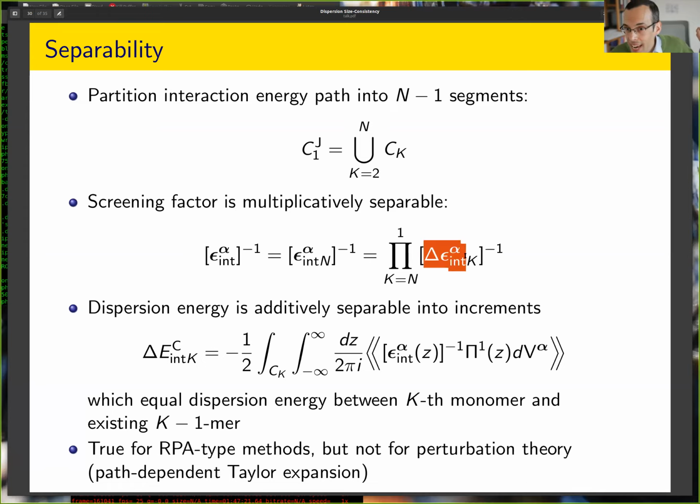And so if you expand in MP2 your screening factors of your monomers to first order, it turns out, if you wanted to get a dispersion consistent interaction of a compound system, you would need to go to fourth order in the energy in order to have first order accuracy in the monomer polarization propagators. And that's the crux. It's very similar to the problem that you see with size consistency in CI methods in beryllium dimer, except that here we're really talking about these dispersion interaction dipoles.